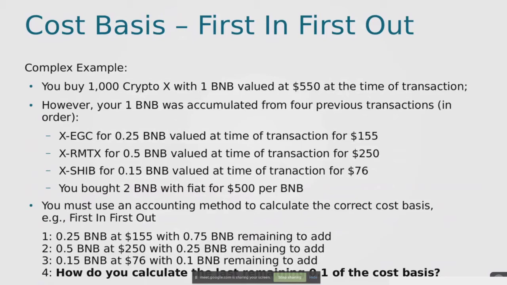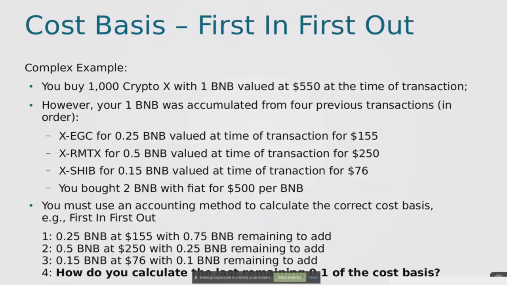So if your 1 BNB was accumulated from, say, 4 previous transactions, let's say in order they were some amount of EGC for 0.25 BNB, and you're looking at your transaction history and you know that sale was 155. You have 0.5 of that 1 BNB accumulated from RMTX, which you sold for 250.